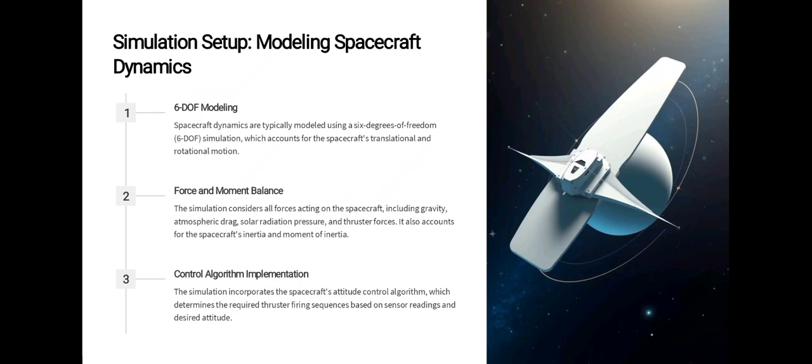The simulation considers all forces acting on the spacecraft, including gravity, atmospheric drag, solar radiation pressure, and thruster forces. It also accounts for the spacecraft's inertia and moment of inertia.